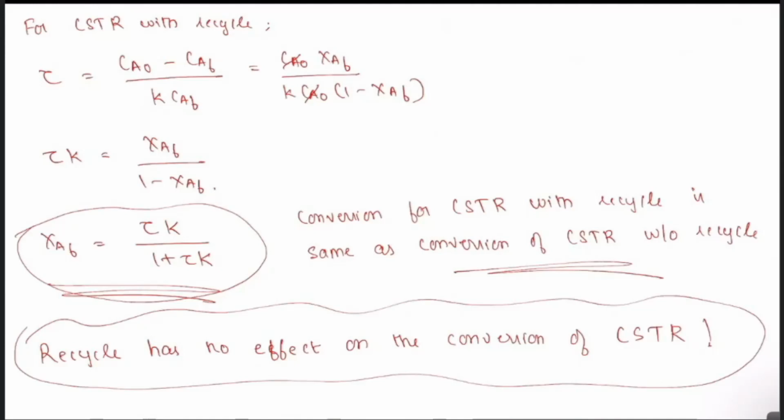So what this basically means is whether R is equal to 0.5 or R is equal to 2, whether the recycle ratio is 0.5 or it is 2, the conversion remains unaffected.